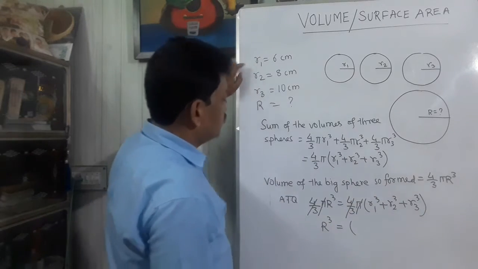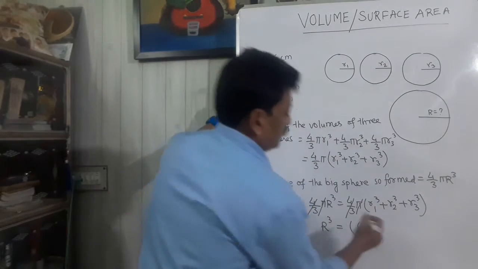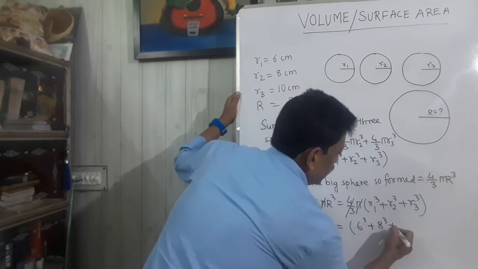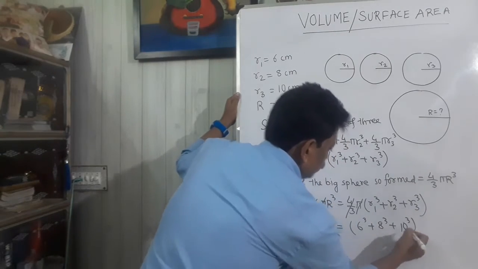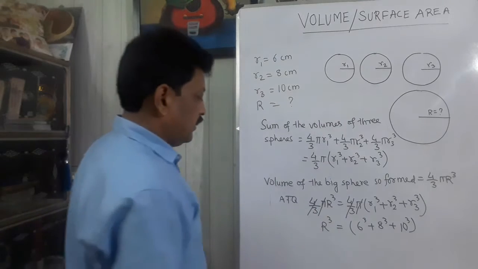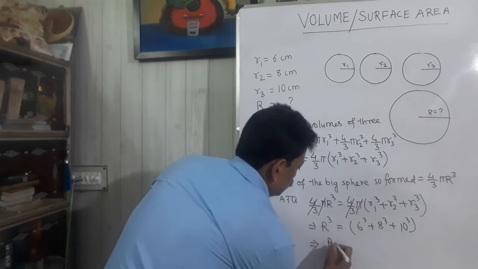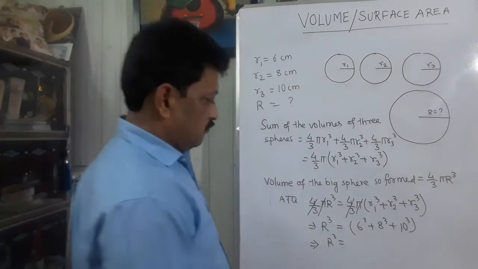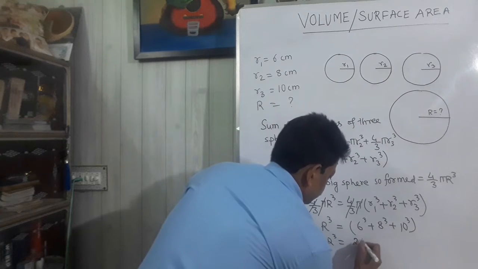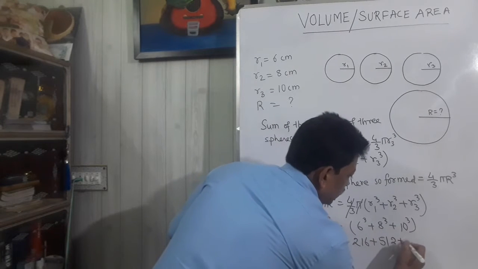Now r1 is 6, so it will be 6 cube, r2 is 8 cube, and r3 is 10 cube. So here R cube equals, now we have to simplify. 6 cube is 216, 8 cube is 512, 10 cube is 1000.